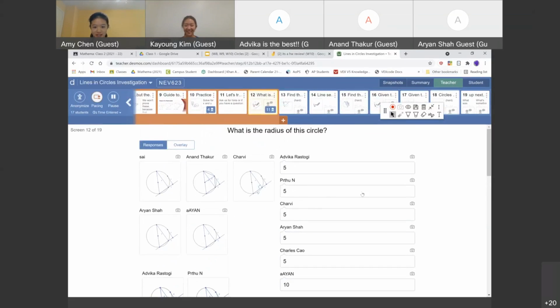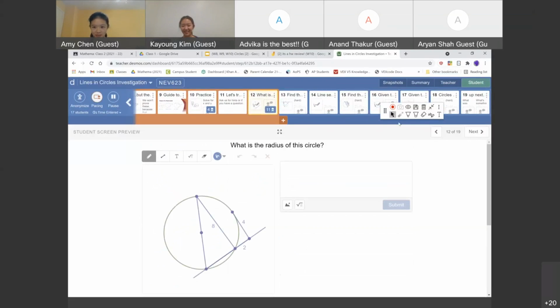Lots of people have the answer 5. One person has answered 10. So what is the radius of the circle? The radius is this part here or this part here, right? So if you're just solving the question, you need to find this part or this part. In fact, if you find this whole diameter, then you've got the radius.